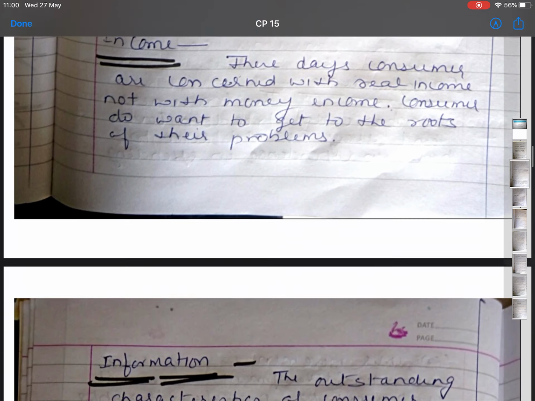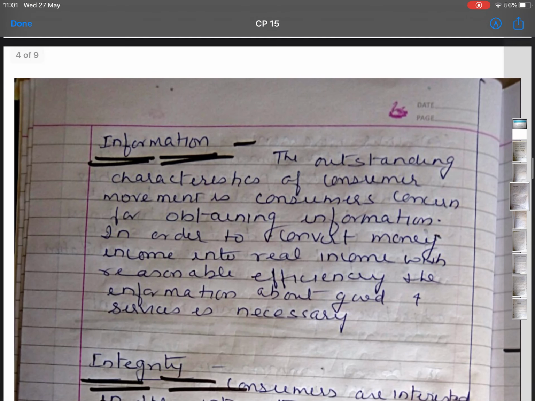The second one is information. The outstanding characteristic of consumer movement is its concern for obtaining information. In order to convert money earnings into their real income with a reasonable degree of efficiency, they want to have practical information about goods and services and about their uses and application if necessary.